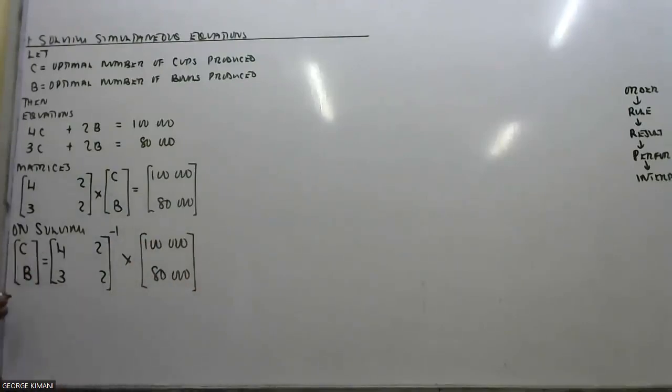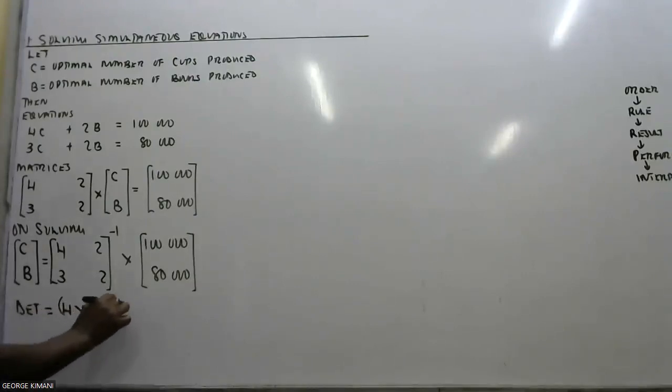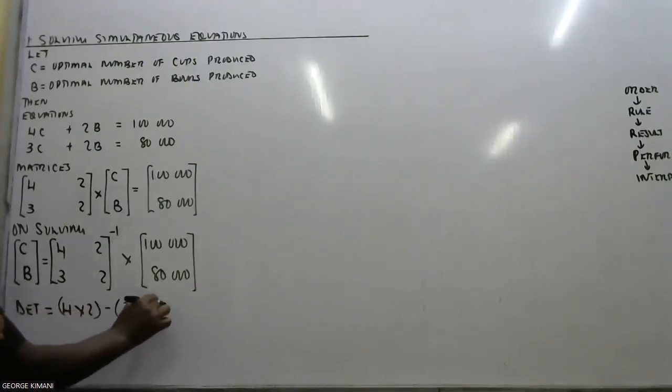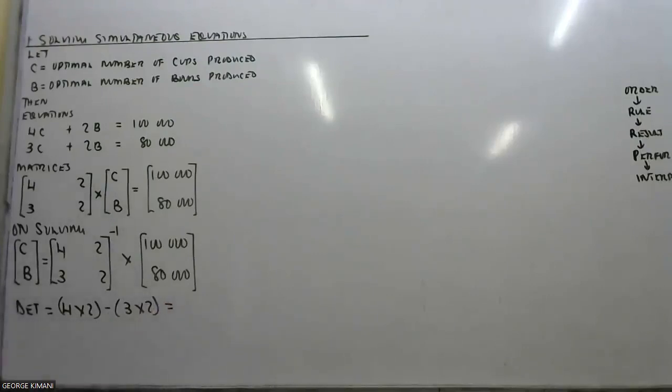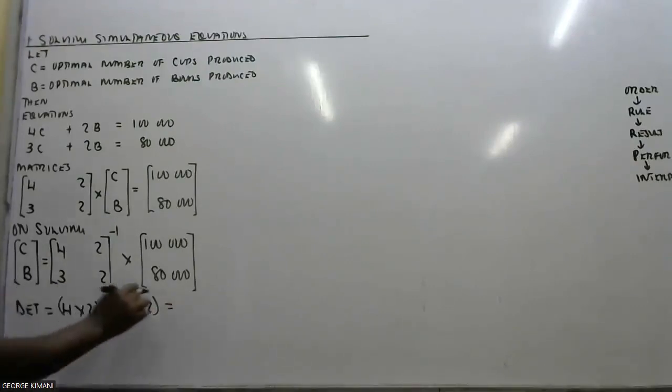So, because there's an inverse, we have to get the determinant of the 2 by 2. So the determinant will be 4 times 2 minus 3 times 2. We have 2.